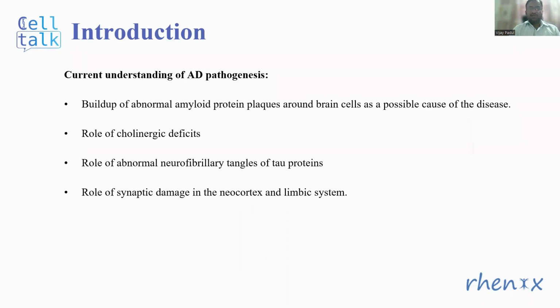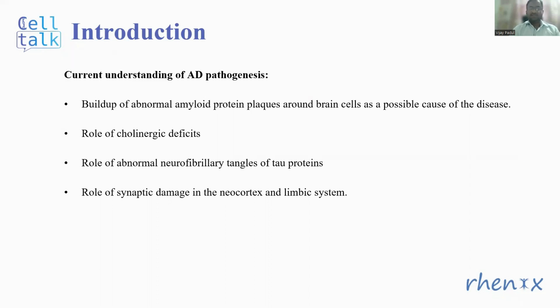Our current understanding suggests the buildup of abnormal amyloid protein plaques around the brain cells as a possible cause of the disease. The accumulation of these amyloid protein plaques results into the abnormal function of the neurons, and that is resulting into Alzheimer's disease phenotype. There is another theory that suggests the role of cholinergic deficits.